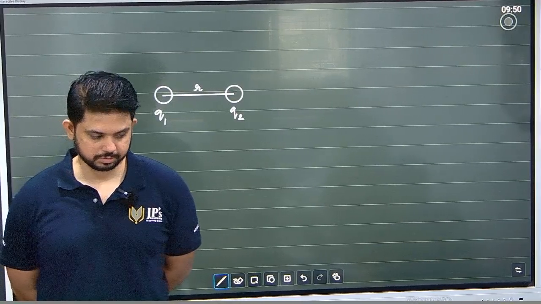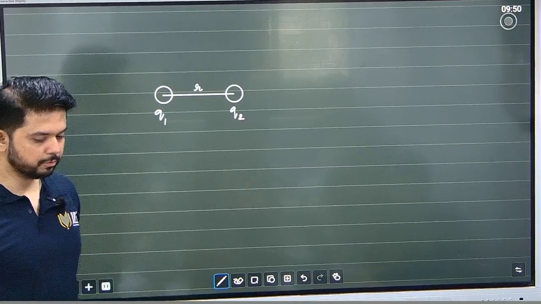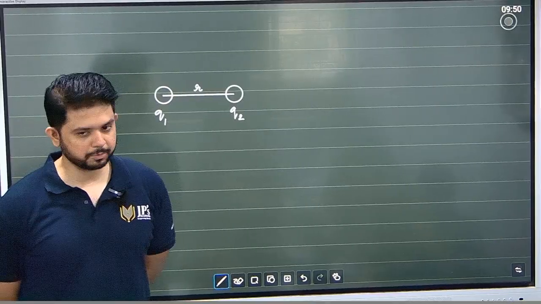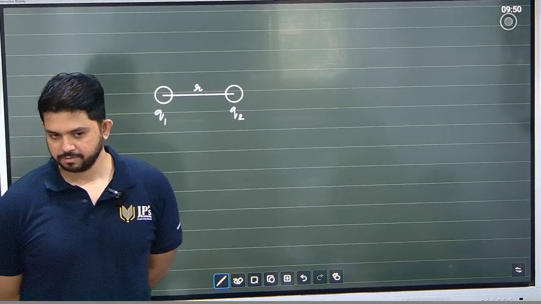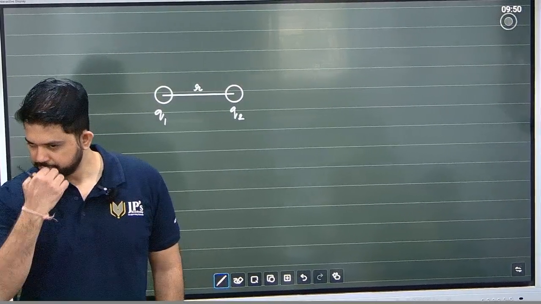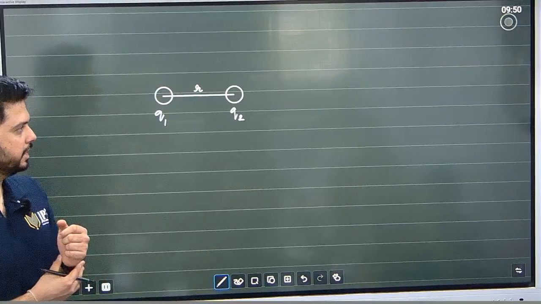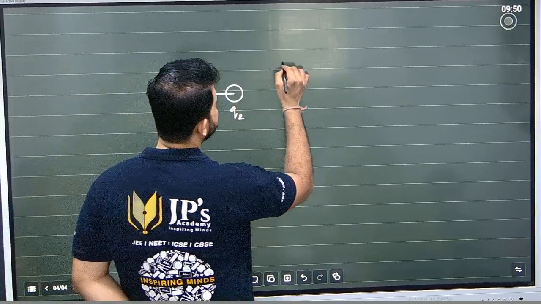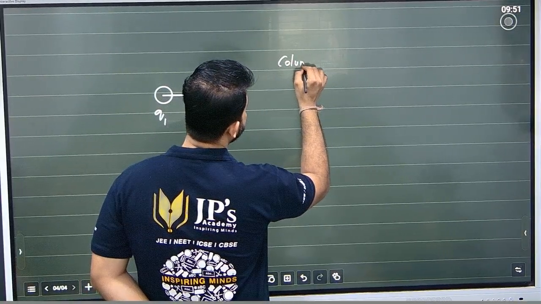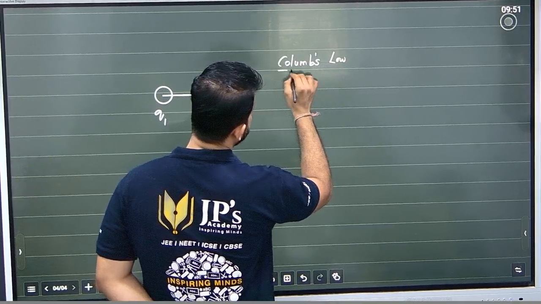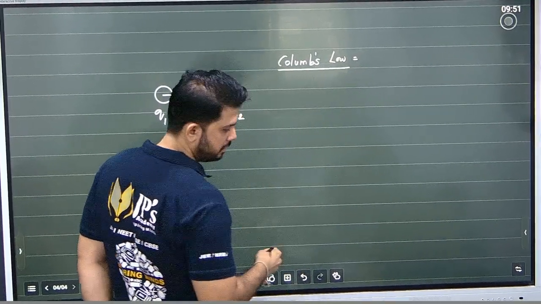Chalo. Now, before we understand what is the meaning of distance of closest approach, we need to go a little into physics. We won't go very deep, just touch it lightly. We study something called Coulomb's law.